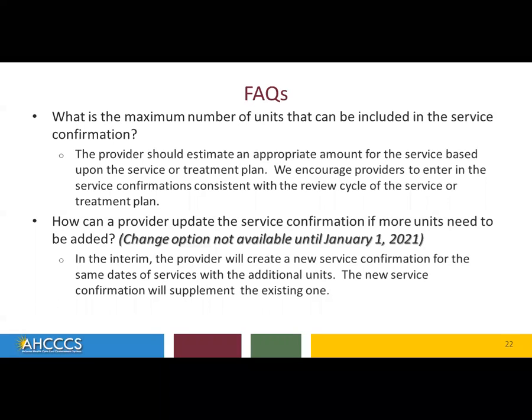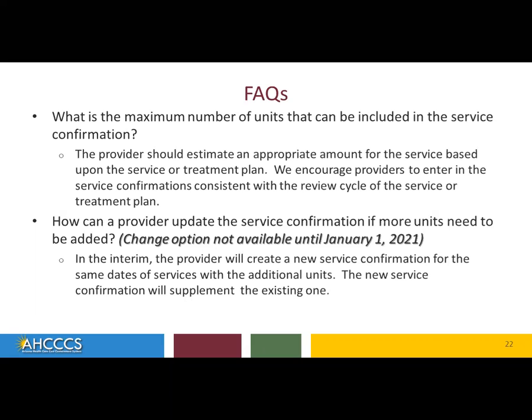So how can you update a service confirmation if more units need to be added? This is something we are currently working on with the system. It'll be available 1/1/21. We don't know exactly what that will look like. We will come out with an update to the technical guide, as well as send out a notice with an update on that.